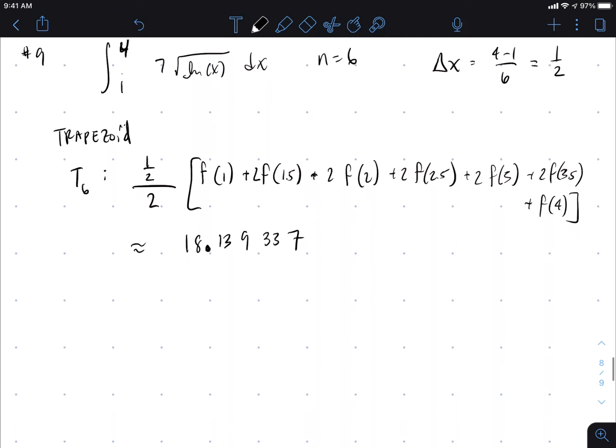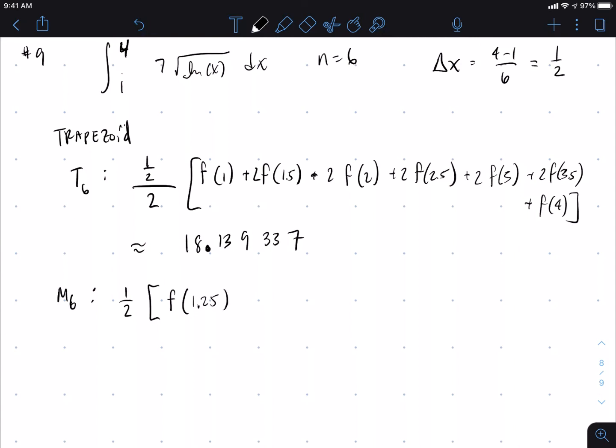All right. The midpoint. Midpoint, we know that it is delta x, and then it's the increments, right? But now, when we do this for the midpoint, we're going to find what is the midpoint between each of the delta x's. So if I started at 1 and I had a delta x of 0.5, halfway between them would be f of 1.25, correct?